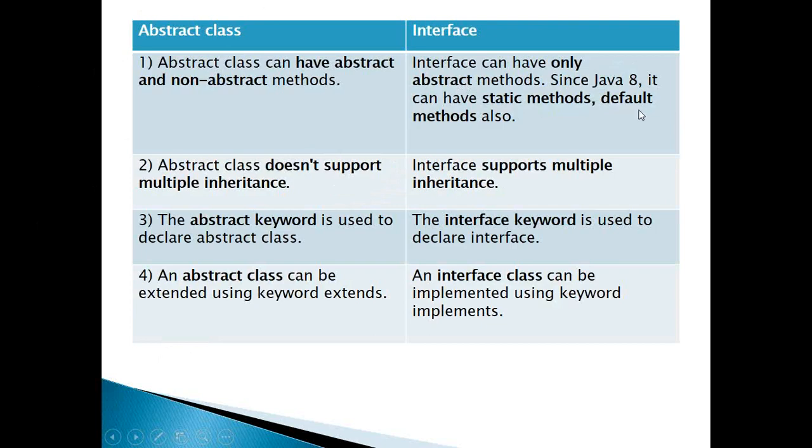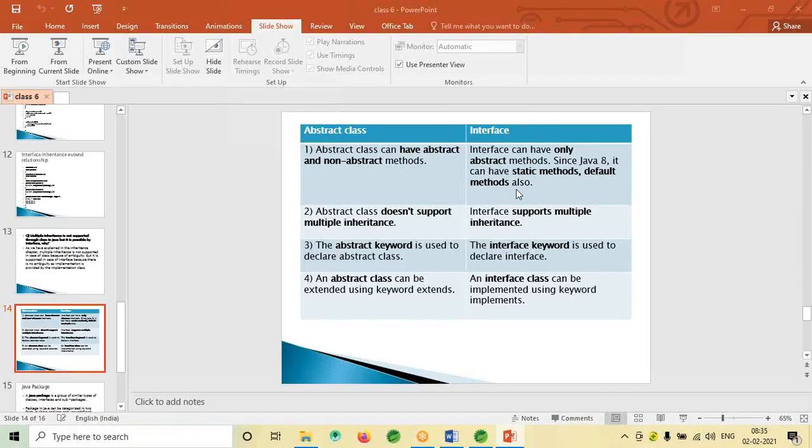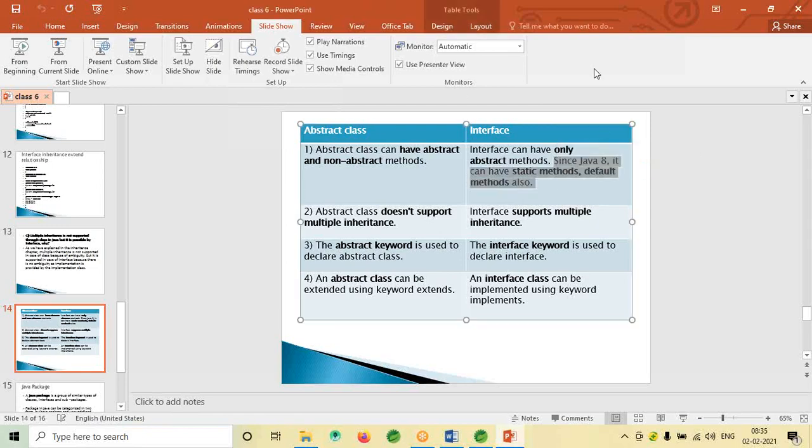As I mentioned previously, now after Java 8 it is different. Previously, let's say during 2015 or at that time, Java 8 was not there, so we had to say an interface can have only abstract methods. When asked the difference between abstract class and interface, we used to tell that.